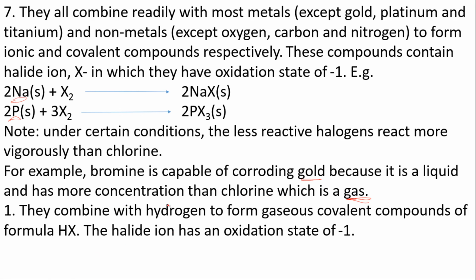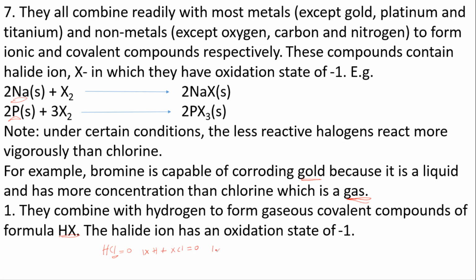And they combine with hydrogen to form gaseous covalent compounds of formula HX. The halide ion has the oxidation state of -1. What we're talking about here is very simple. You can have HCl. Automatically the oxidation number of chlorine becomes minus, because this is 0, you have 1 times H plus 1 times Cl equals 0.